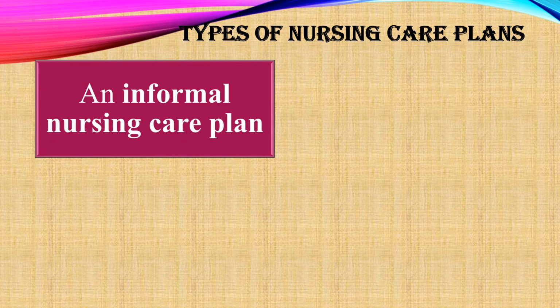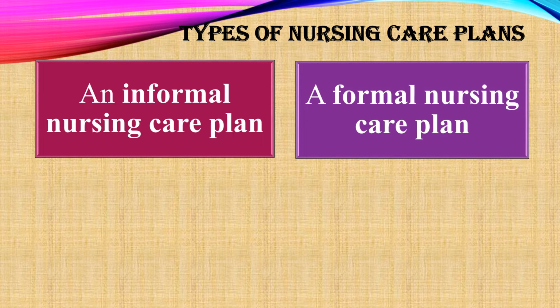Let's see the types of nursing care plans. Care plans can be informal or formal. An informal nursing care plan is a strategy of action that exists in the nurse's mind. A formal nursing care plan is the written or computerized guide that organizes the client's care information.